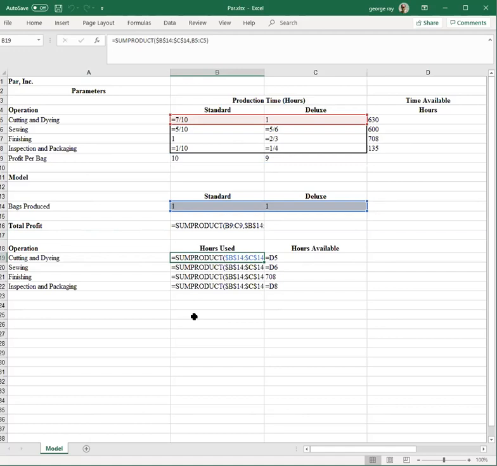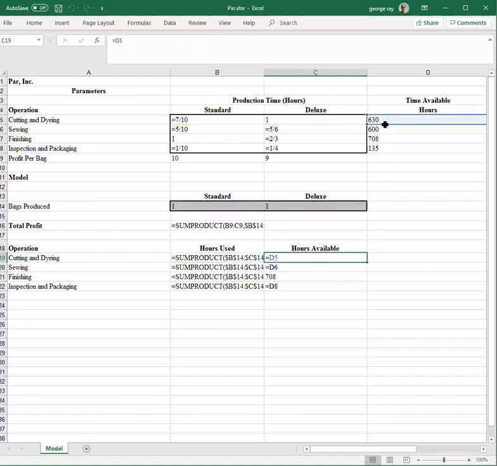So for our cutting and dyeing constraint, we're going to multiply our decision variables B14 and C14 times B5 and C5. In other words, the number of hours in cutting and dyeing to produce each of those types of bags. And that'll give us the hours used for the quantities we've defined for each bag. Our hours available are going to be equal, in this case, to D5, which is just referring back to the 630 hours.